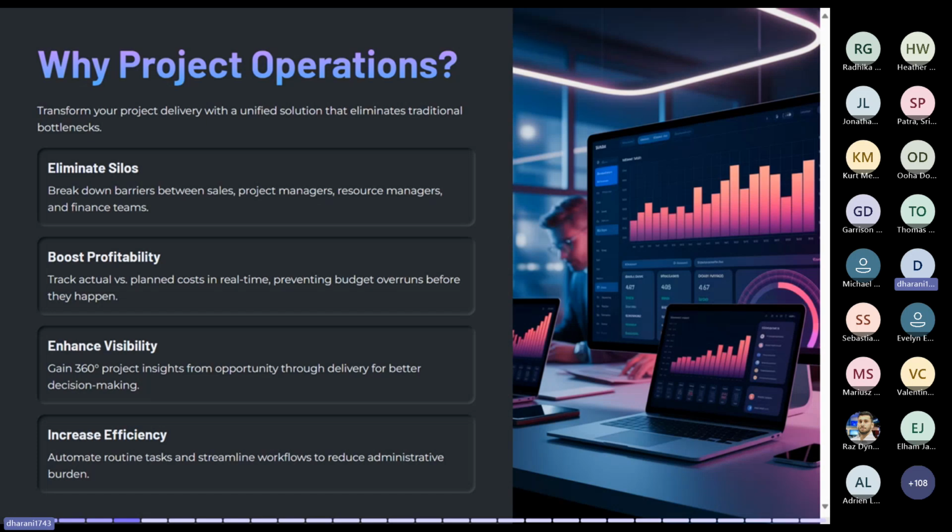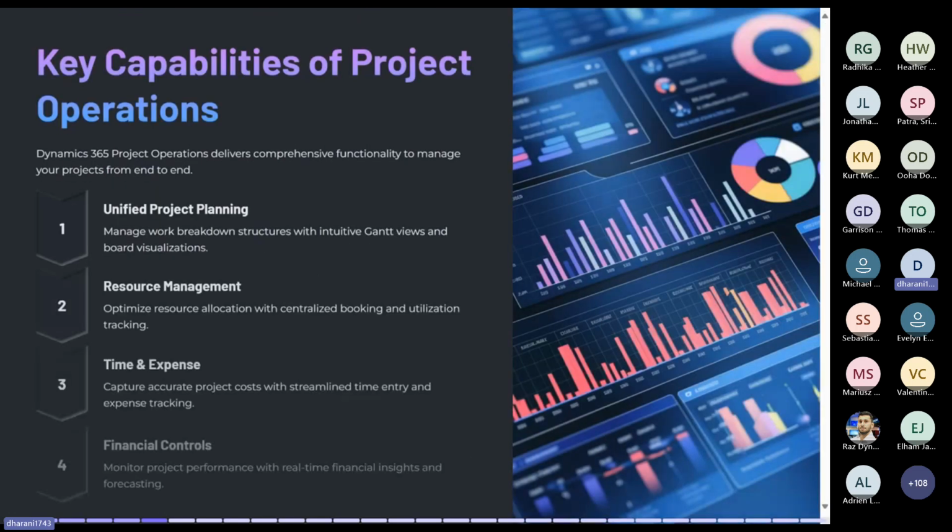You can optimize resource allocation by assigning the right people to the right task. You can track all resources, time, expenses, and budgets to ensure the project remains profitable. And you can gain real-time insights and reporting for better decision making. Those things are easily achievable using Dynamics 365 Project Operations.